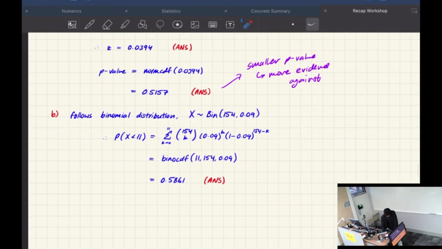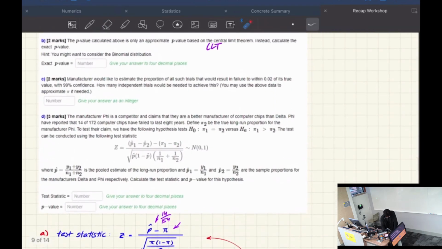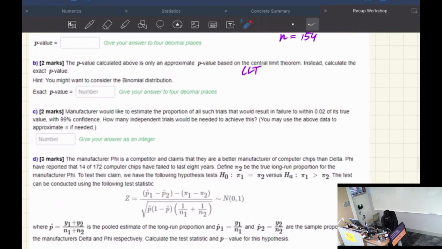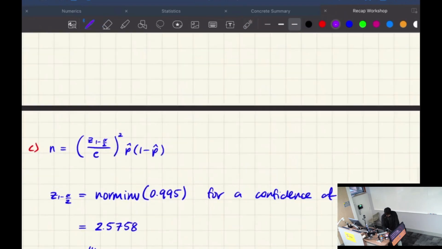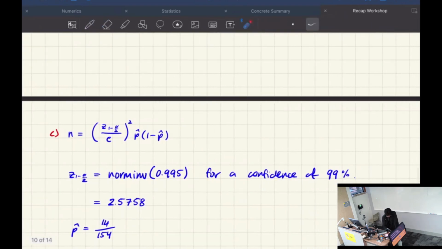Okay. Part C, we're trying to find the sample size for a confidence of 99%. They've also given us a value of error, a margin of error 0.02. So scrolling down, for a sample, this is the formula that we have to use.